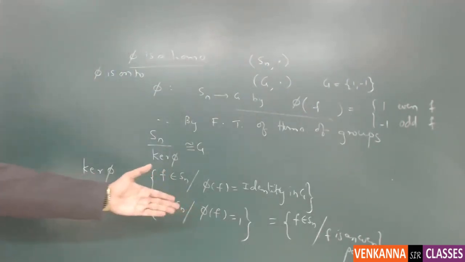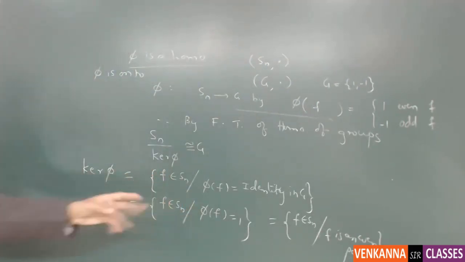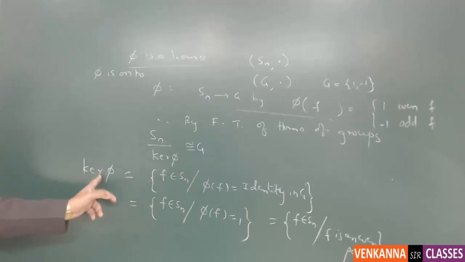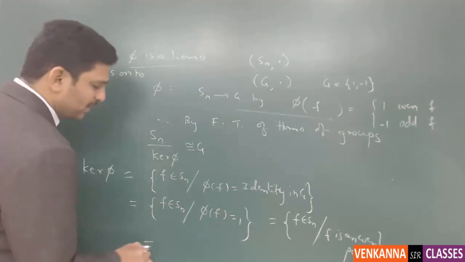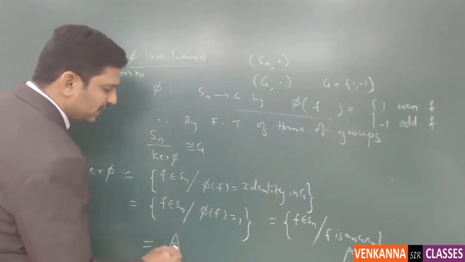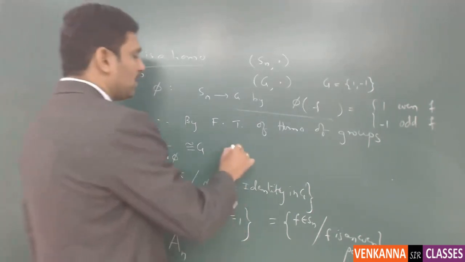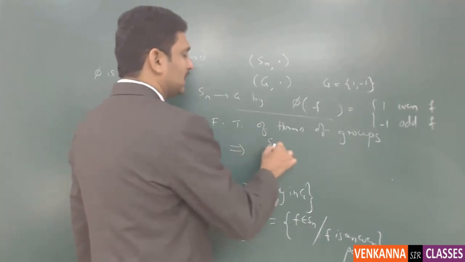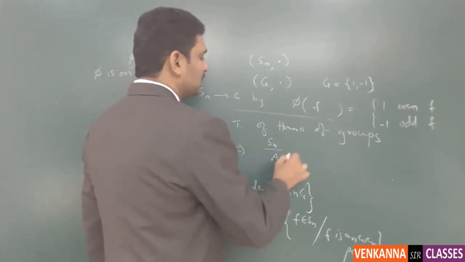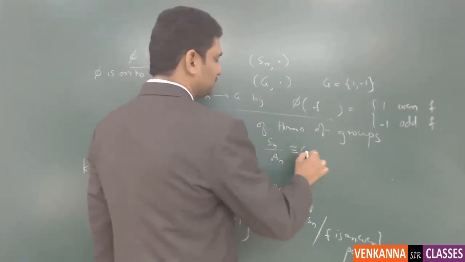So the kernel is nothing but the set of all even permutations. Symbolically we write it as An. So from the fundamental theorem, you can say that Sn by An is isomorphic to G.